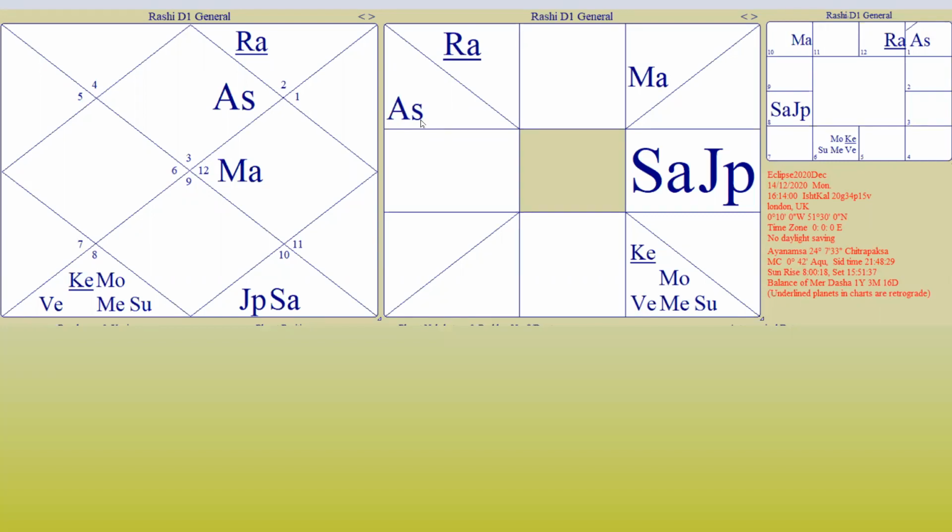And from here we count 1, 2. So Gemini is the first house. Second house is Cancer. Third house is Leo. Excellent. Fourth, Virgo. And fifth, Tula, Libra.